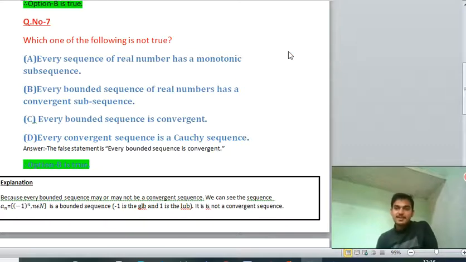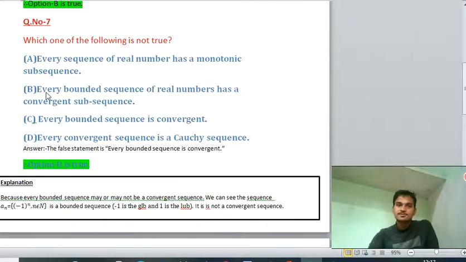Every Cauchy sequence is bounded, but the converse is not true. These are very famous mathematical statements in real analysis. So every convergent sequence is bounded, but the converse is not true. So every bounded sequence is convergent is a false statement.